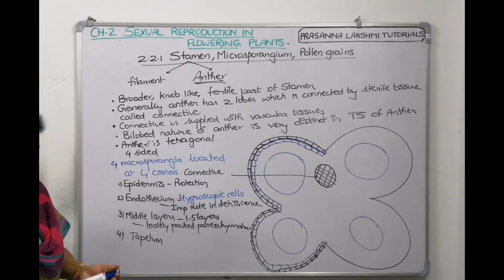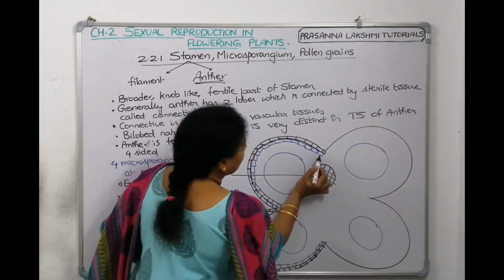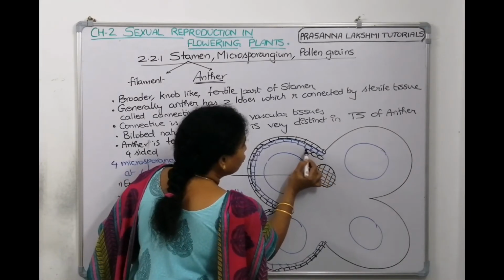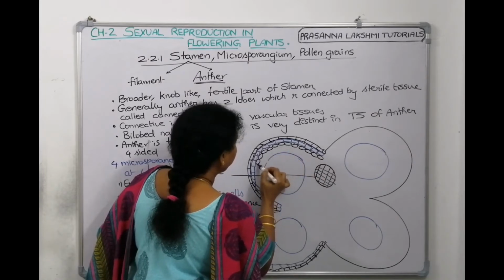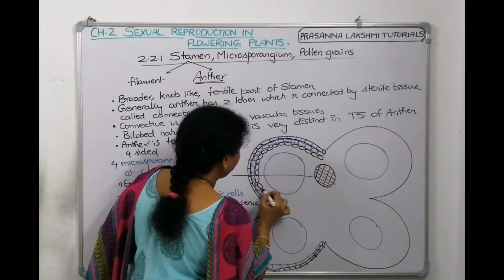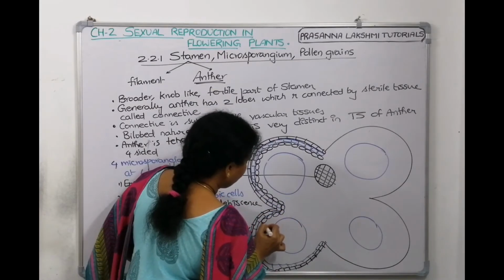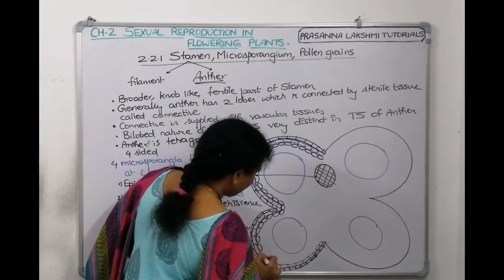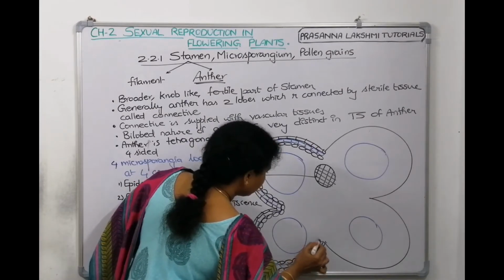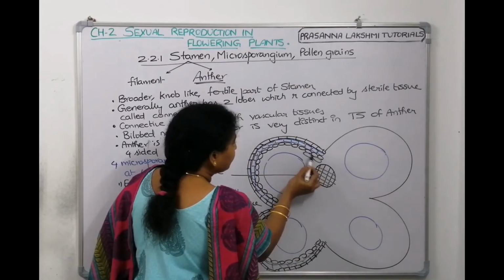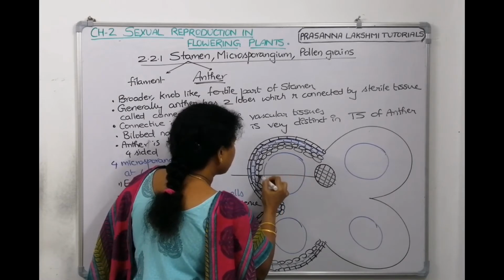Now, let us draw the loosely packed parenchymatous cells. 1 to 5 layers we told. So, we will see how many layers we can draw here. So, this is one layer, right? Another layer also we can draw. They are loosely packed parenchymatous cells.